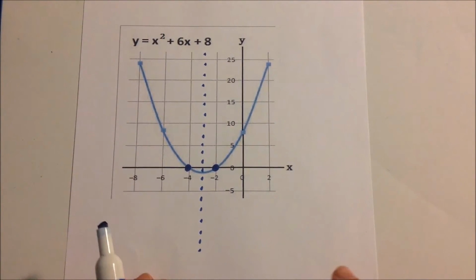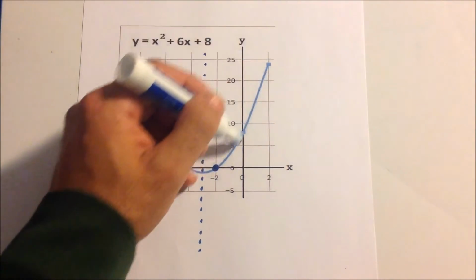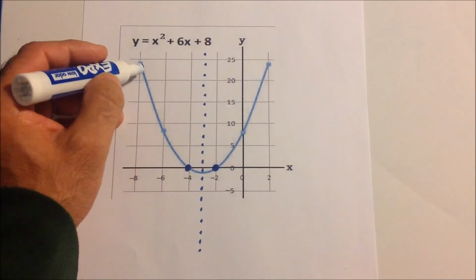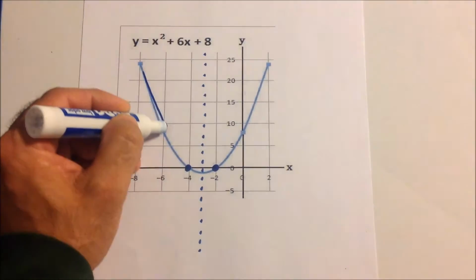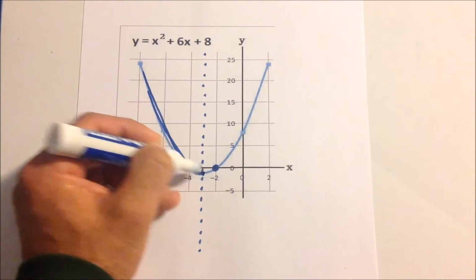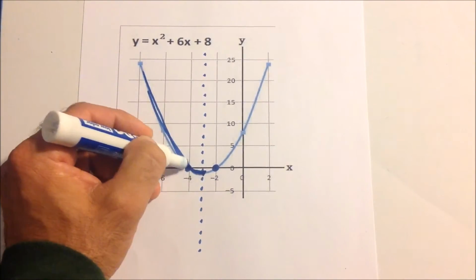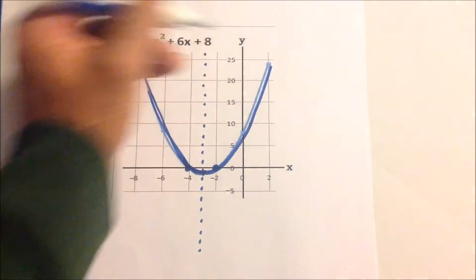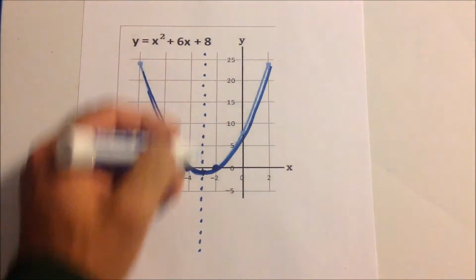The vertex is where the parabola crosses the axis of symmetry. In the parabola, we can see that as it goes up or down, it's going to descend, reach its apex, its highest point or lowest point in this case, and then it's going to ascend. So the vertex is where it crosses the axis of symmetry.